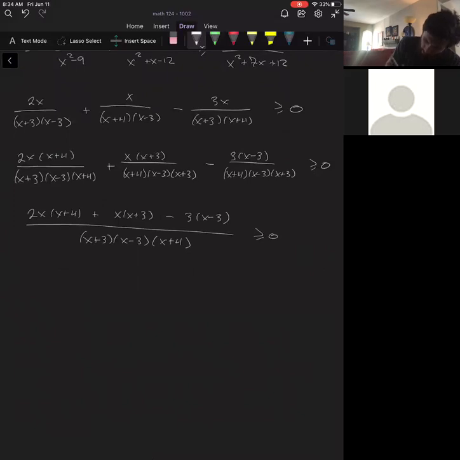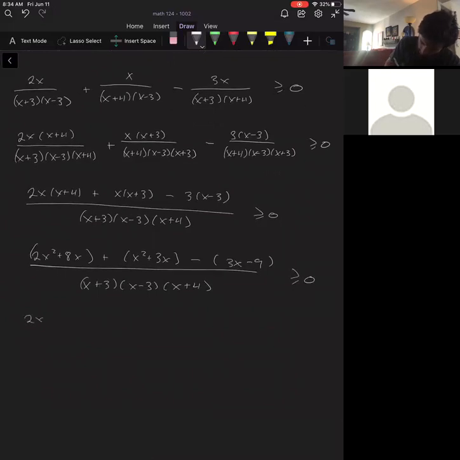Now let's distribute everything on the top. So we'll have from this first bit 2x squared plus 8x, plus x squared plus 3x, minus 3x minus 9. Okay, so now let's get rid of all those parentheses. The first bit, we just have 2x squared plus 8x, then plus x squared plus 3x, and then we distribute the minus sign, so minus 3x plus 9.